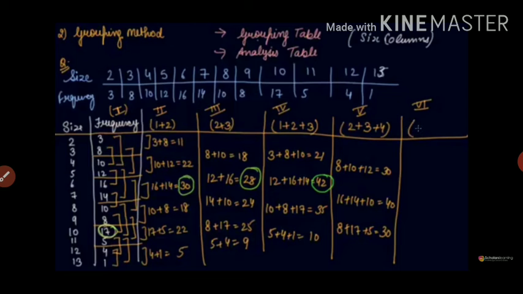In the sixth column, we add the third plus fourth plus fifth frequency. We start from the third frequency, that is 10 plus 12 plus 16, which is equal to 38. Then the other 3, 14 plus 10 plus 8, which is equal to 32.